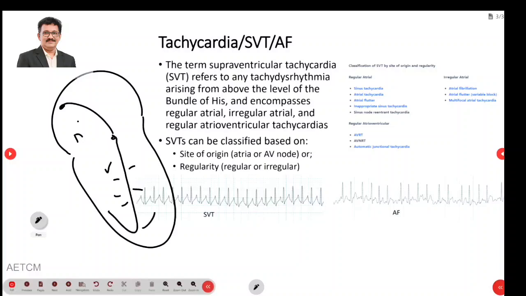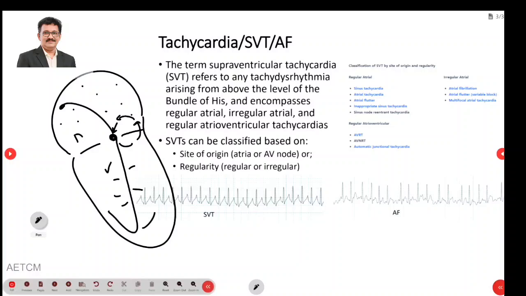Anything originating above the ventricle can be from the atria itself, anywhere in the atria, or in the junction, that is the AV node, AV nodal re-entry tachycardia. From the SA node to AV node, then there is a re-entry circuit. That circuit produces a circus of movement. That also can sometimes produce tachycardia.